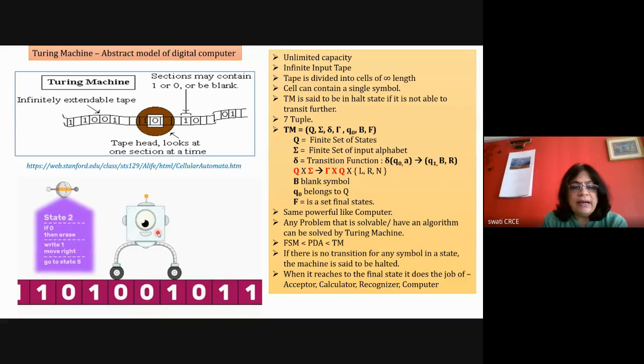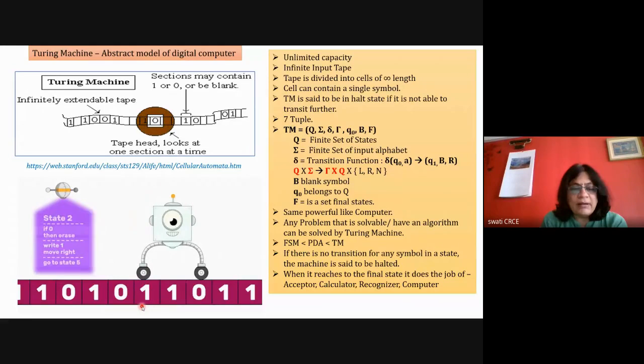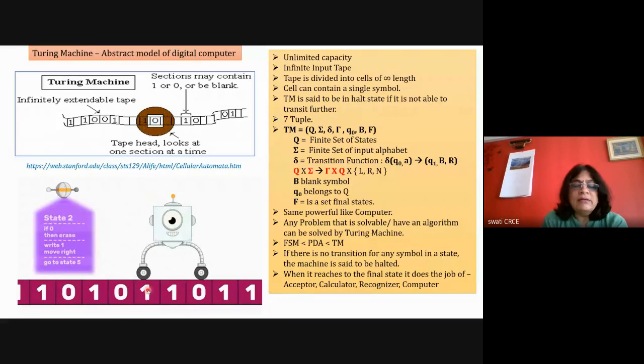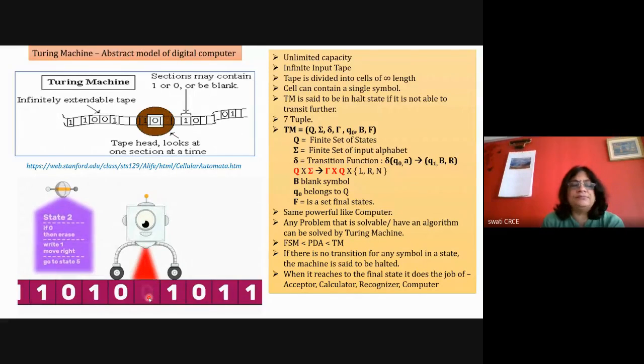So this read head is performing both read and write operations. It is reading 0 and it can write 1, meaning it will replace 0 with 1, and it can go to the left, or go to the right, or remain in the same location. Or if there is no change, meaning you don't change an input symbol, then it will read 0 and write 0 back.